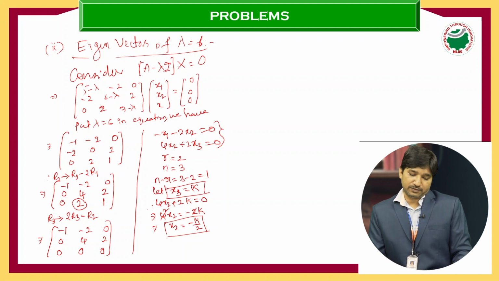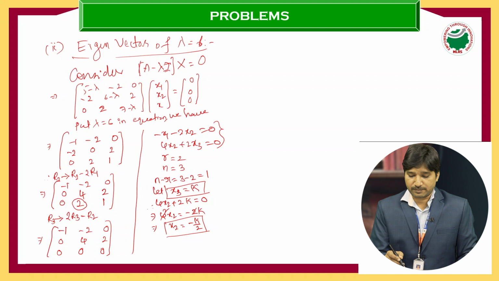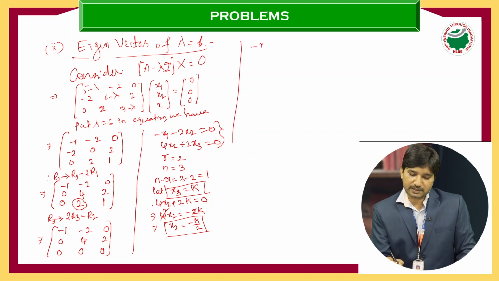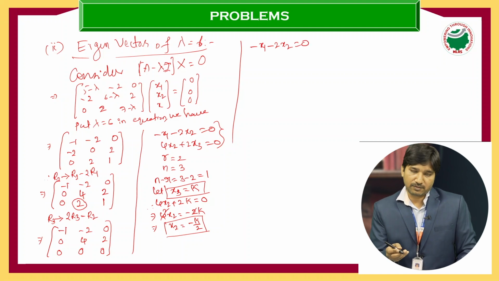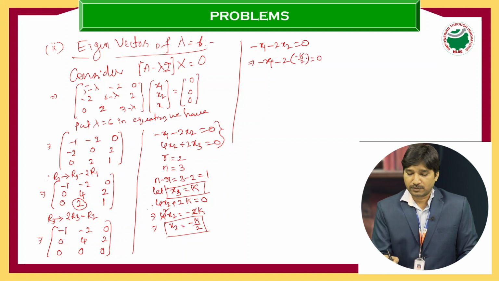After using this, find the x1 variable. The first equation is minus x1 minus 2x2 equal to 0. Substitute the x2 value and we will get x1 easily. Minus x1 minus 2 into x2, which is minus k by 2, the 2s cancel.